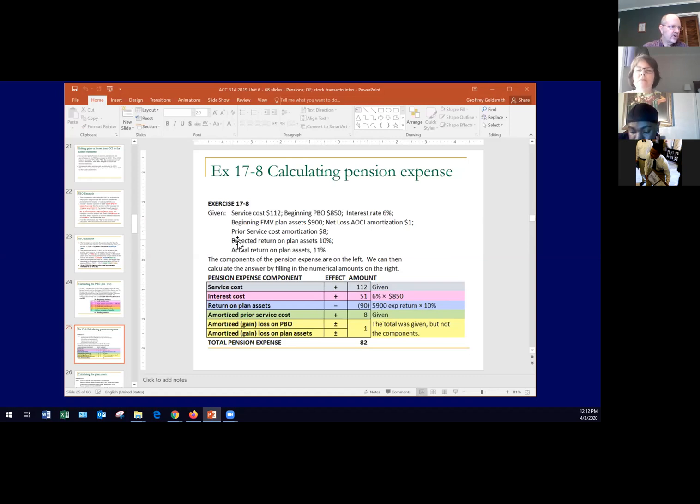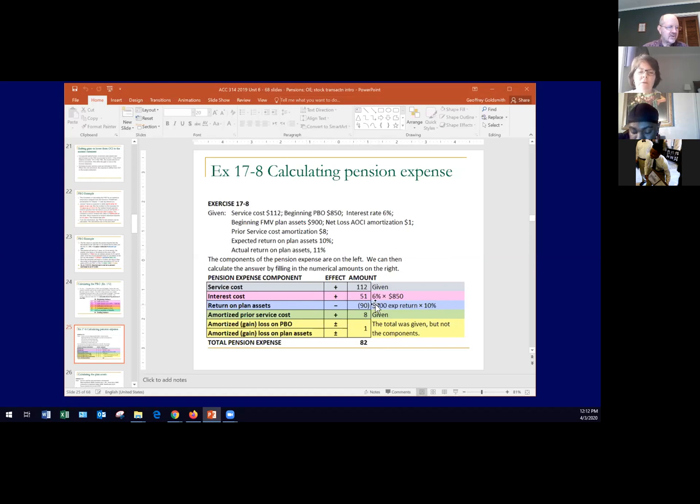But what we're doing here is the expected return, because as we talked about in class on Wednesday, it's the expected return that they need to know in order to determine how much to budget for their pensions. So the return on plan assets is the expected return, not the actual. 10% times 900 million is $90 million.